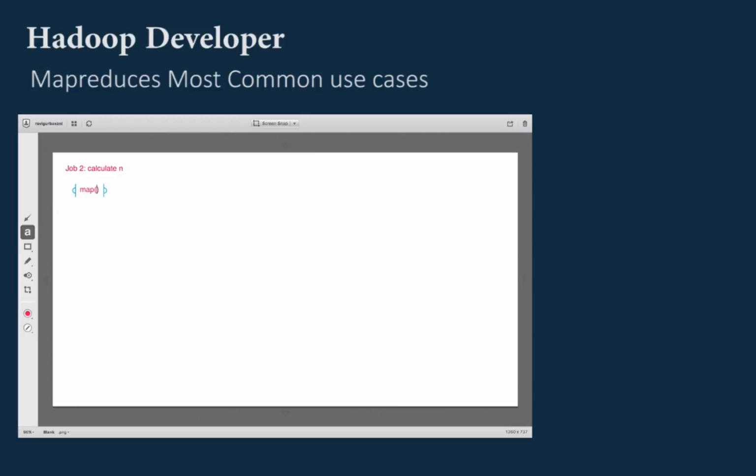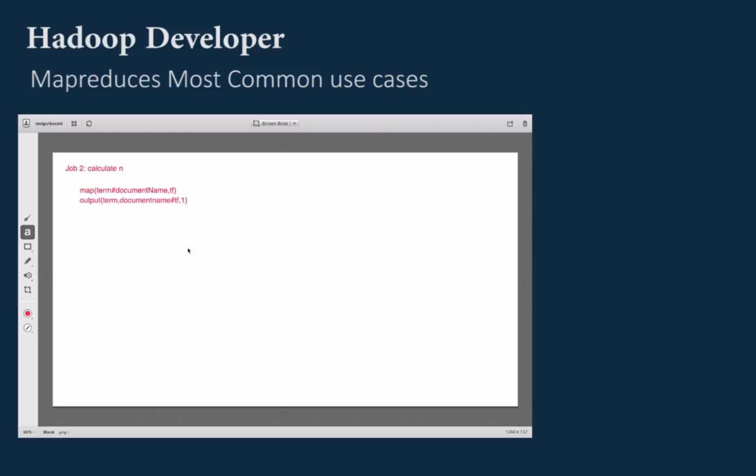So our map input is term hash document name comma word count, and our output will be term, document name hash term frequency hash 1.